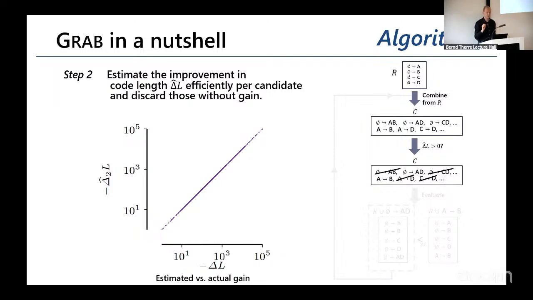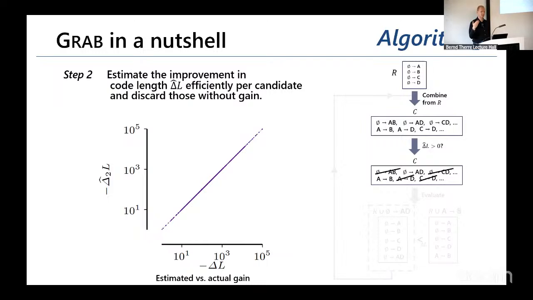And it allows us to kick out all candidates for which we are almost certain that they're not going to give us a gain in bits, but they're only going to cost us more bits. Those are useless. It also gives us the opportunity to focus on those candidates that we think will give us the most gain.